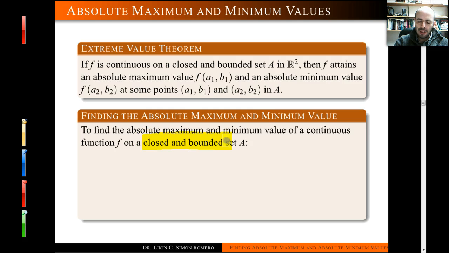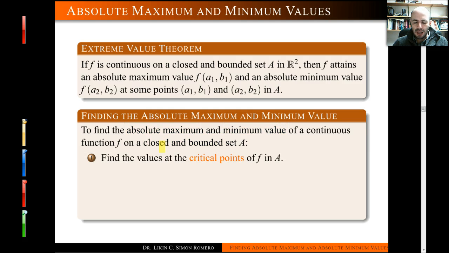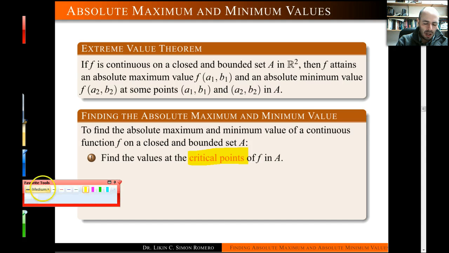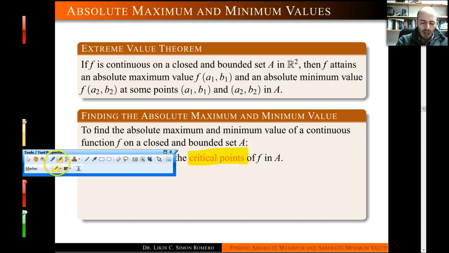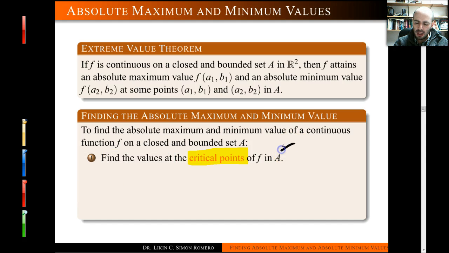How do you find these absolute max and absolute min values of a function defined in a closed and bounded domain? The idea is very simple. You have to find the critical points. Now notice that, please don't use, in these kinds of cases, the second derivative test.